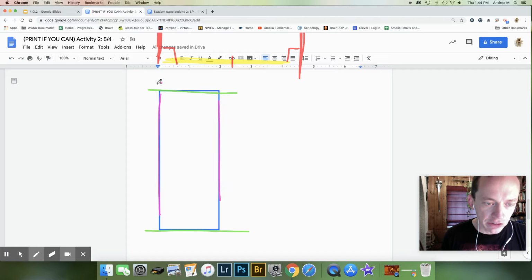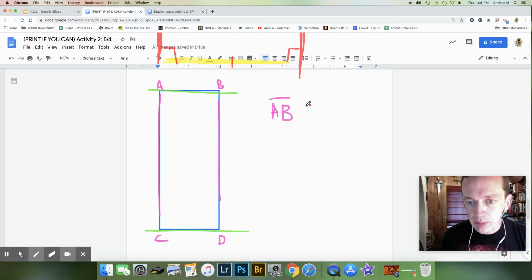So if I gave these labels and I said A, B, C, D, the way we would say that is, we could say, look, line segment AB is parallel, we use that little symbol there, to CD, like that.